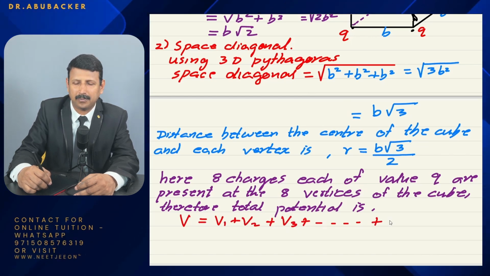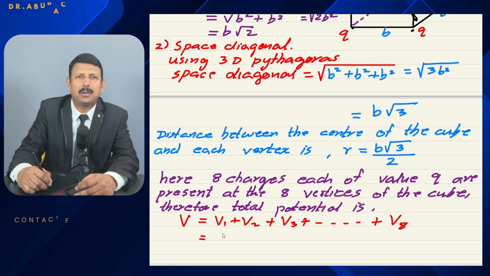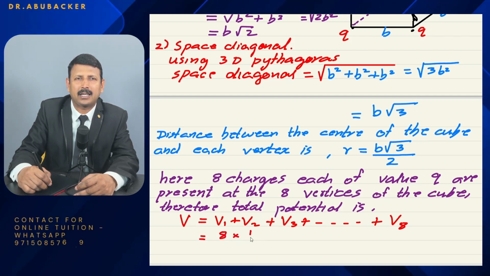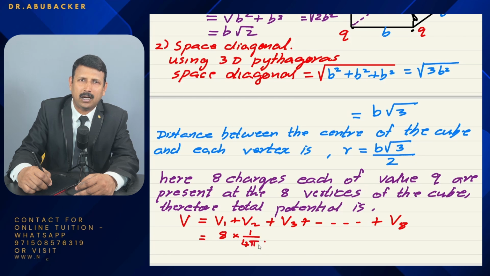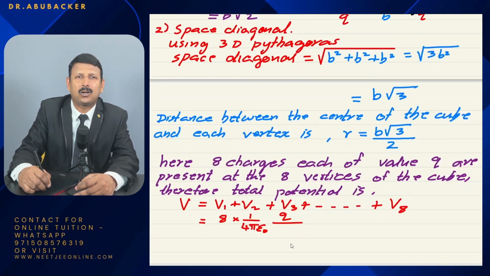One time we can show total will be V1 plus V2 plus V3 up to V8. But while writing, it's not mandatory to write every time 1 by 4 pi epsilon 0 q by r plus plus. Instead of that, we can write 8 into, because they are identical.